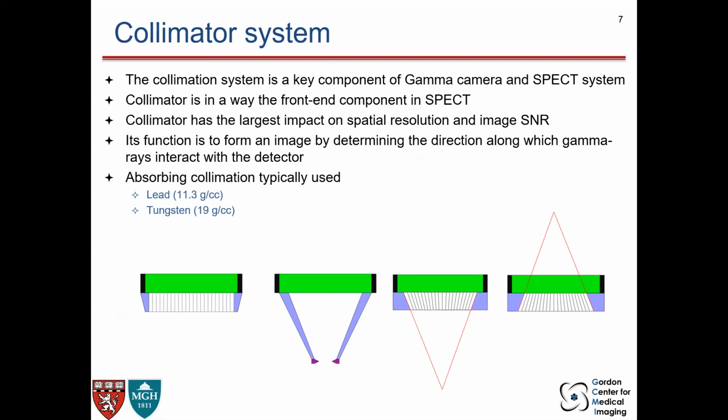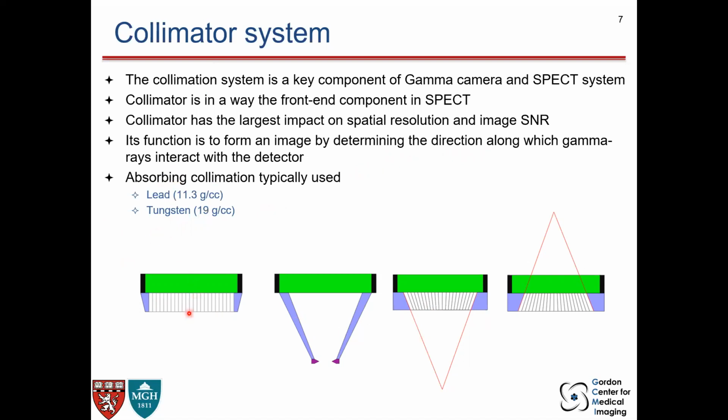And typically the collimator material is some very heavy, high density material, typically lead or tungsten. Lead is the dominant material, and tungsten is more and more being used because of its higher density compared to lead. I will show you later why it's important to go with tungsten compared to lead, if cost allows.